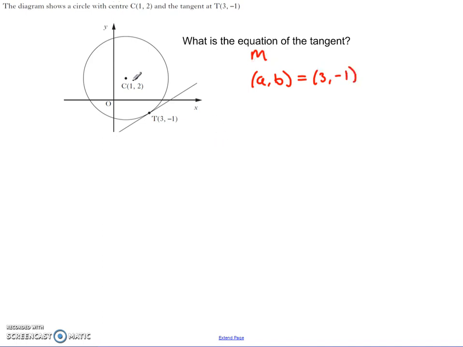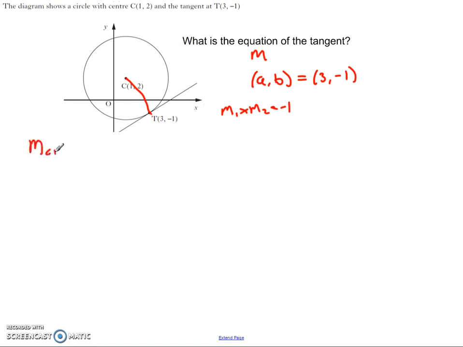Well, one thing you have to remember: if you have a radius from C to T, the gradient of that line is perpendicular to the gradient of the tangent. What that means is I can use the property m1 times m2 equals -1 to get the gradient of my tangent, and then I've got everything I need for the equation of my line.